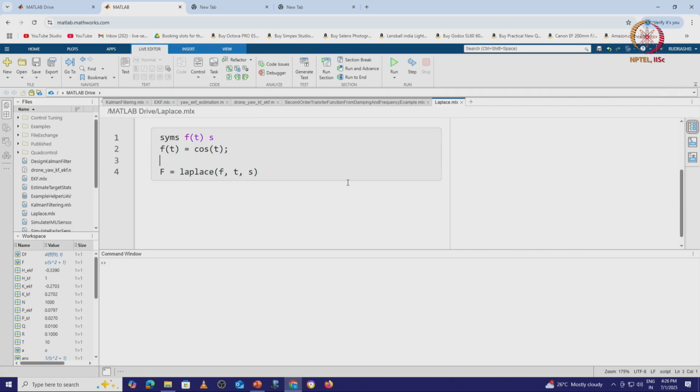If we want to get back to the original format, then we have to do one inverse Laplace. So this is how Laplace transform works in MATLAB.